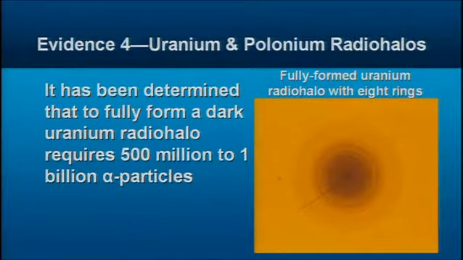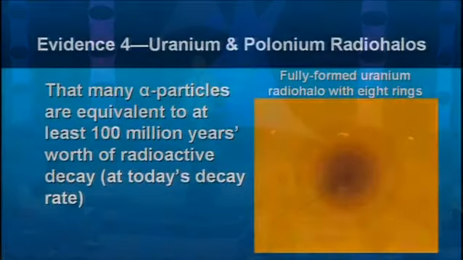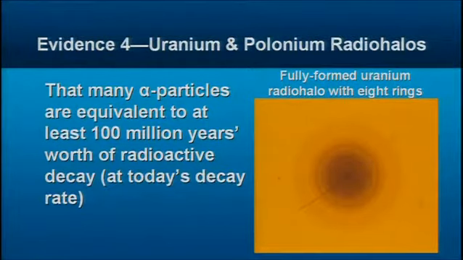And it has been determined that to form this discoloration at such an intensity that it can be observed under a microscope requires 500 million to 1 billion of these alpha particles. Now, that much decay is equivalent to at least 100 million years worth of radioactive decay measured at today's rates.